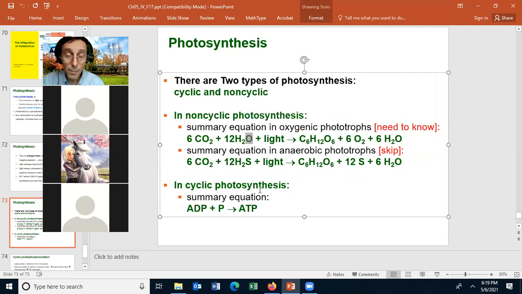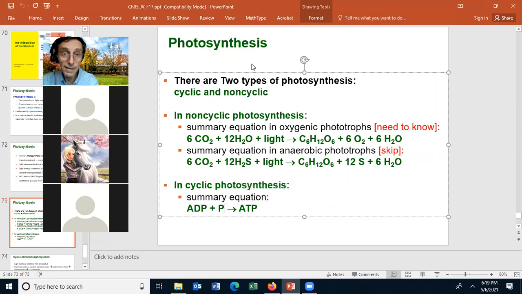Okay? But there is another photosynthetic reaction that we call cyclic photosynthesis. And in cyclic photosynthesis, we do not make glucose or oxygen. Instead, in cyclic photosynthesis, you make ATP from ADP and phosphate.